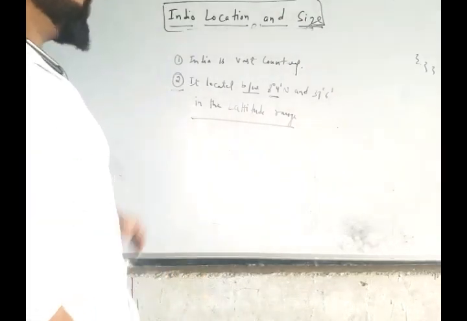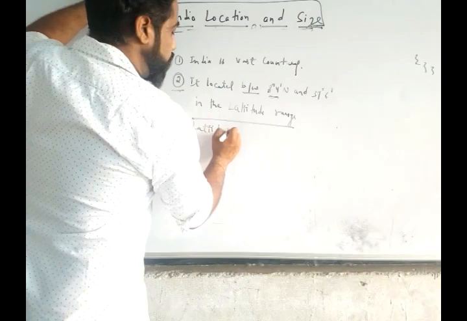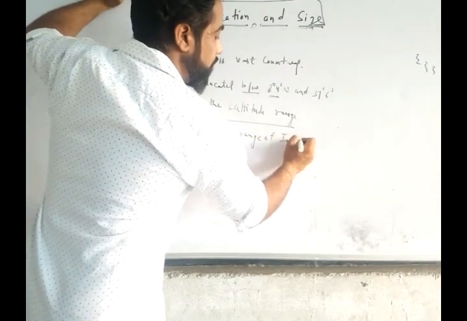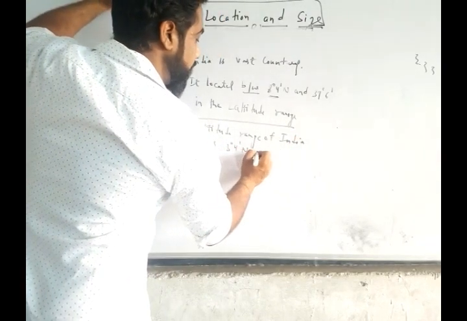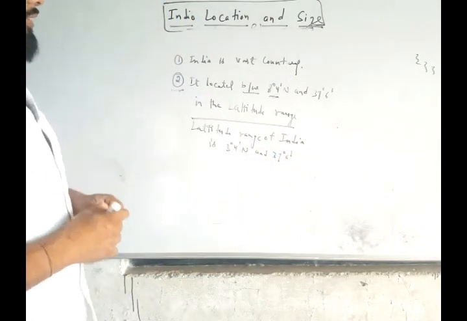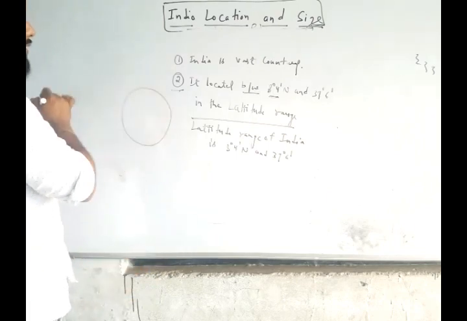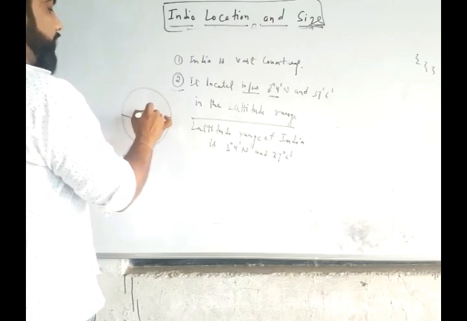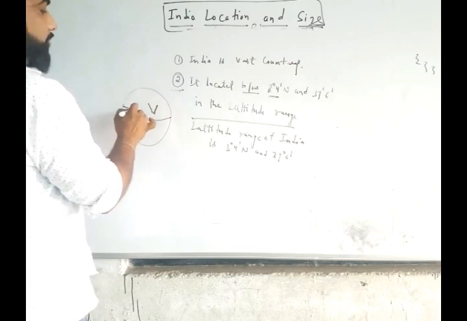You write it, latitude range of India is 8 degree 4 minute north and 37 degree 6 minute. Just analyze it, I again draw it. This is the equator, and India lies here.